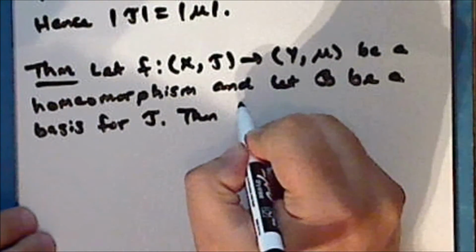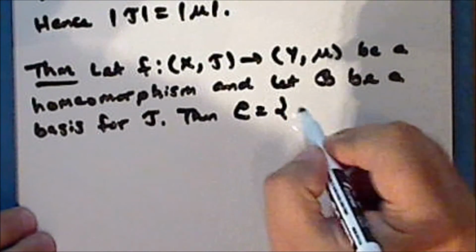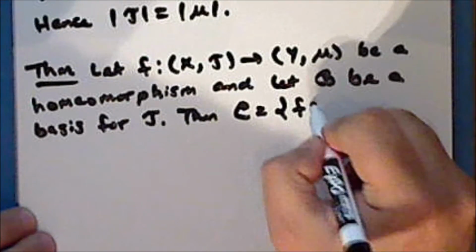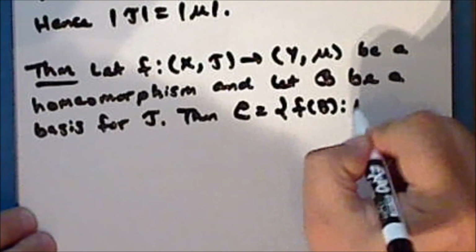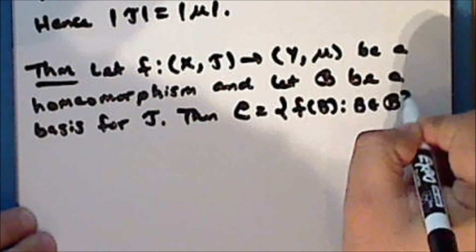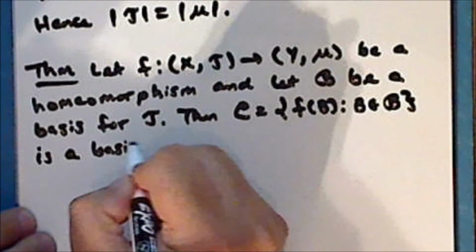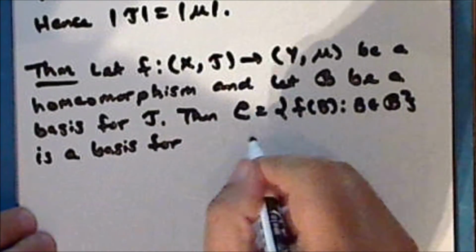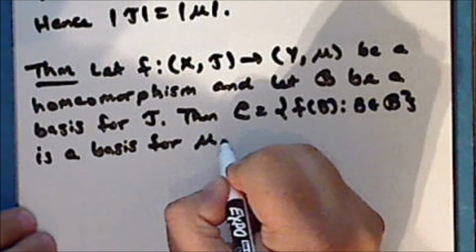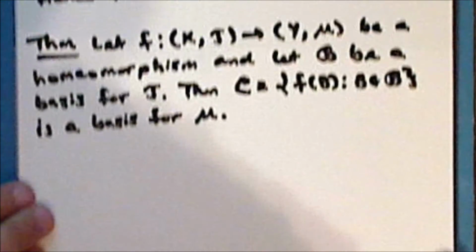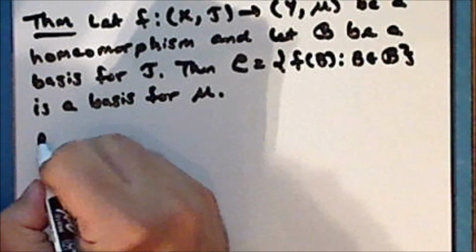Then the collection script C, which contains the elements f of B, where B is an element in the collection script B, is a basis for the topology mu. So, proof.